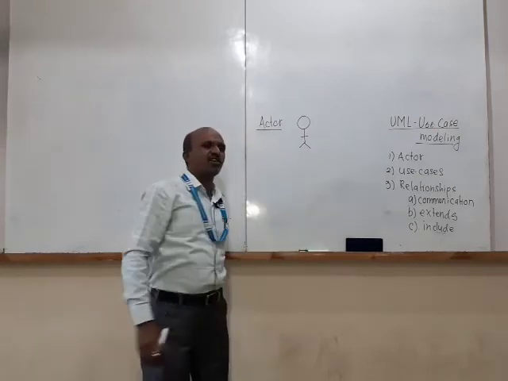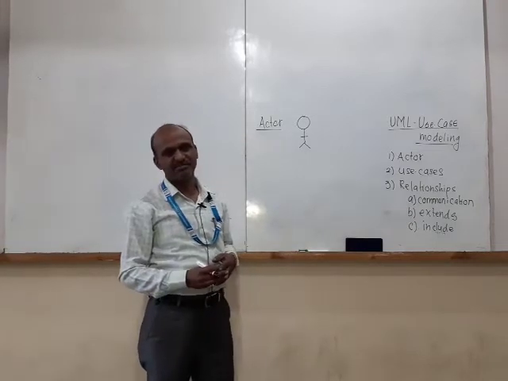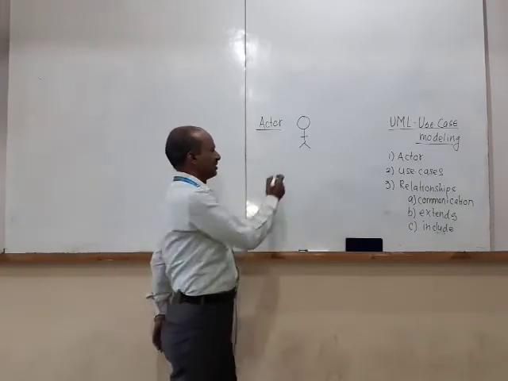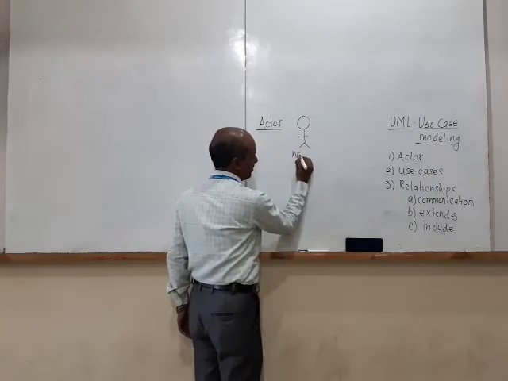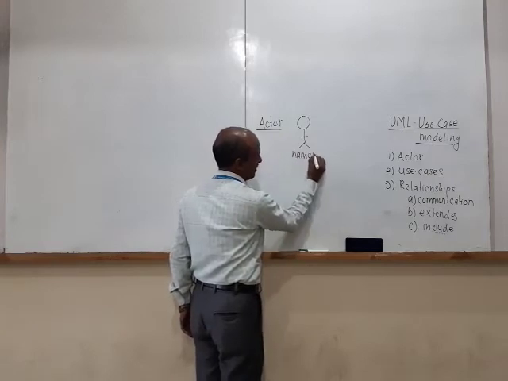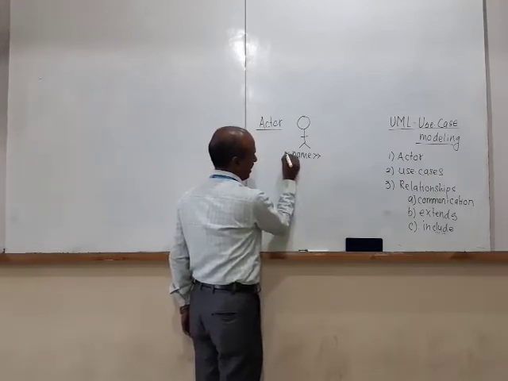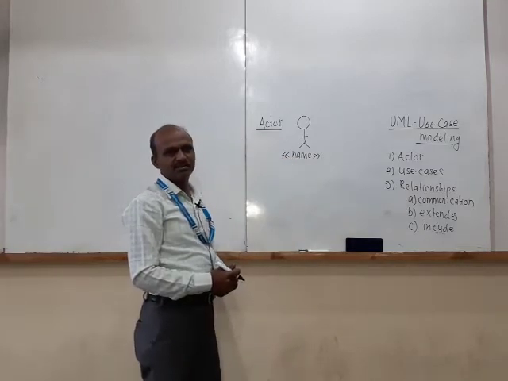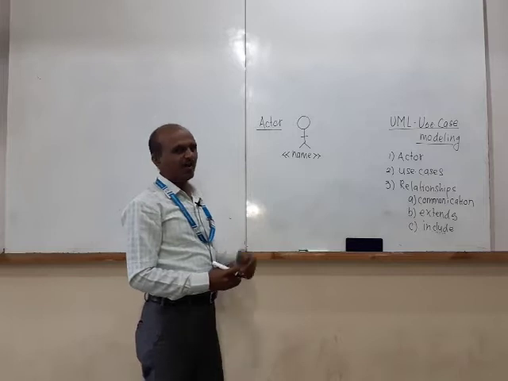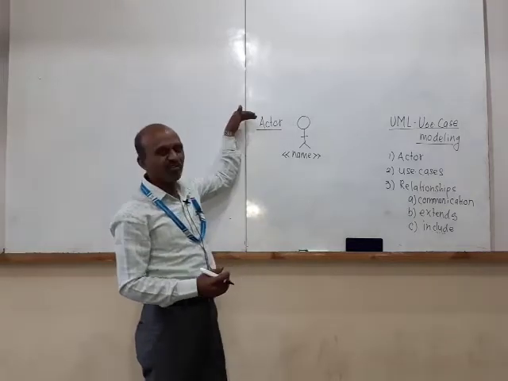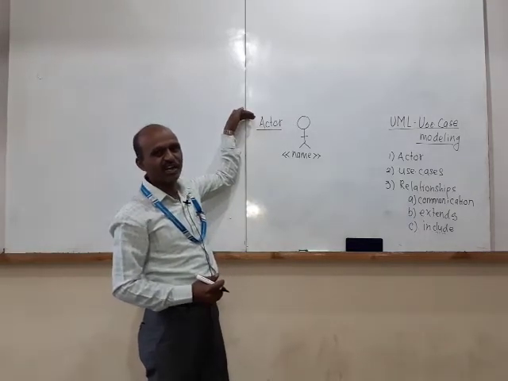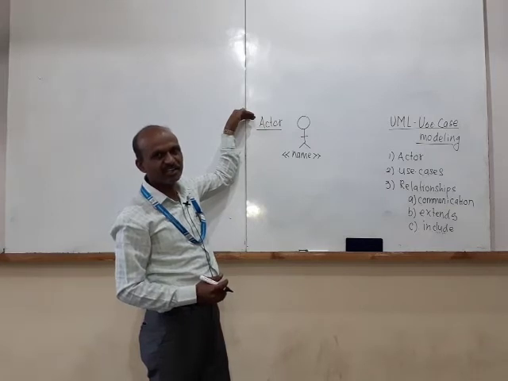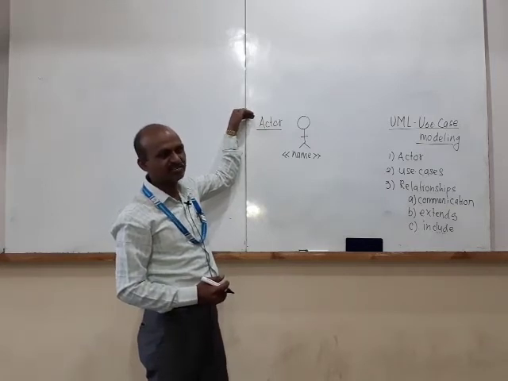This syntax is called a stick person in UML, and below that, we label it with the name of that actor. So what do you mean by this actor, or how to find out this actor for any software system or any given case study?